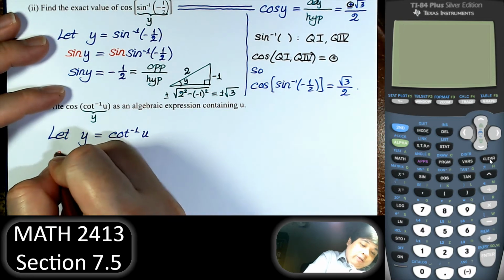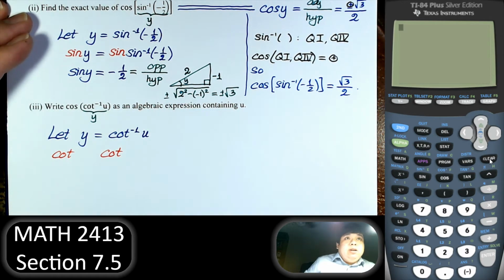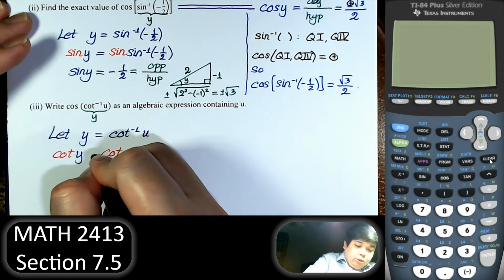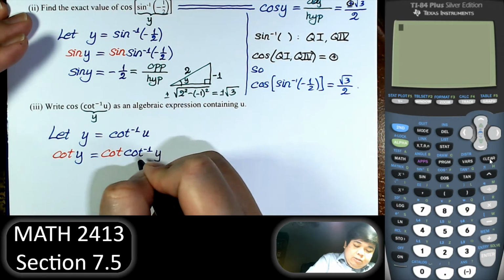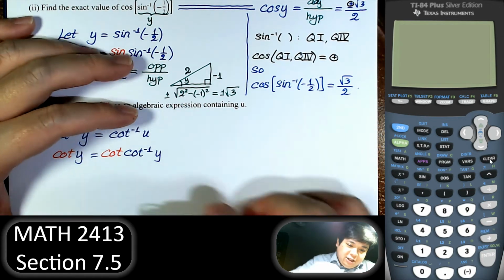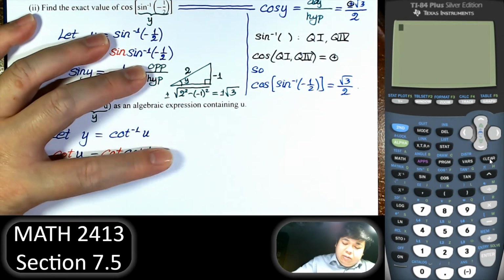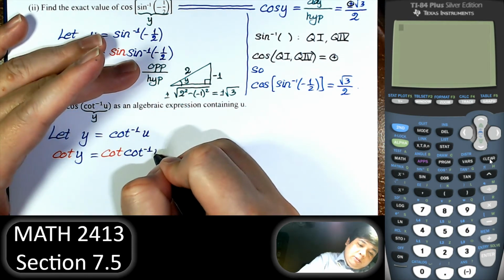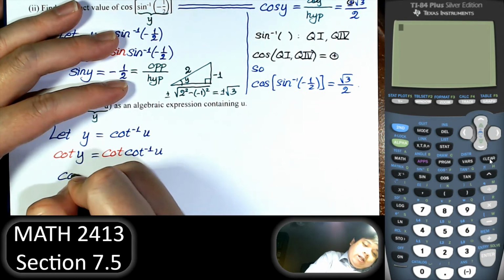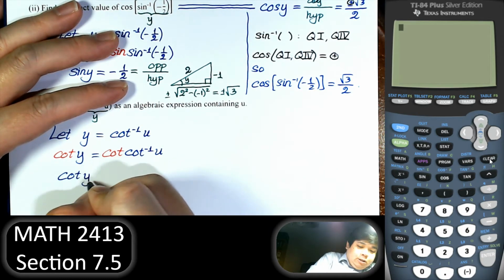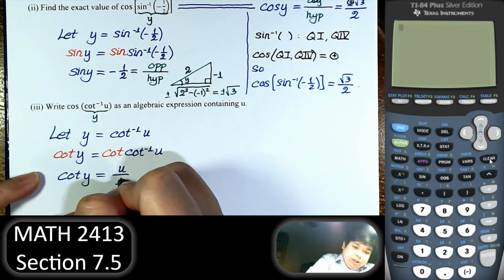If we want to get rid of that, take the function on both sides, and we cancel the inverse. This will be u. So cotangent of y is u, let's say u over 1. We need the ratio.